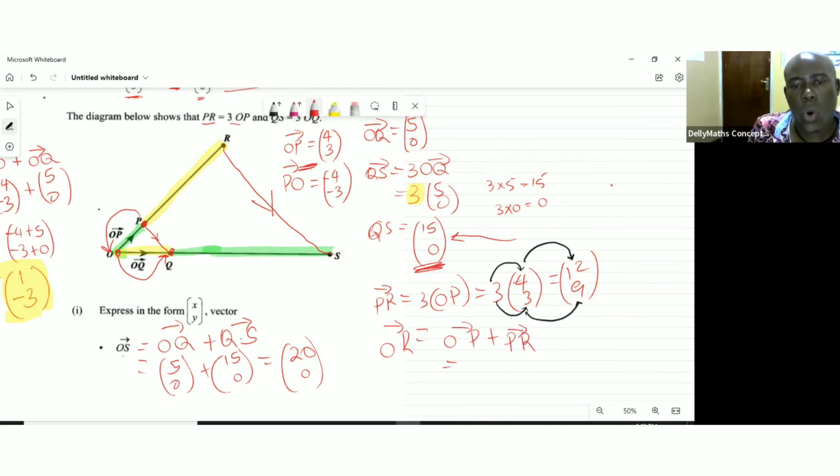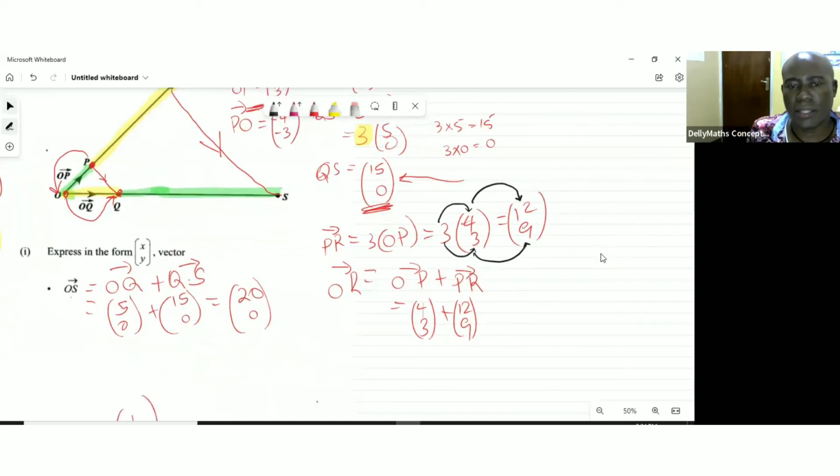OP is (4, 3), PR is (12, 9), and adding we get (16, 12). So OR is (16, 12).